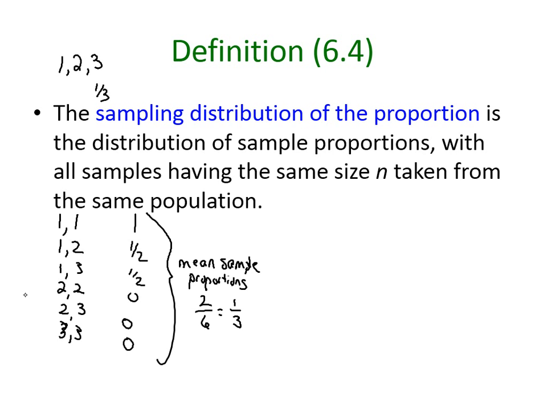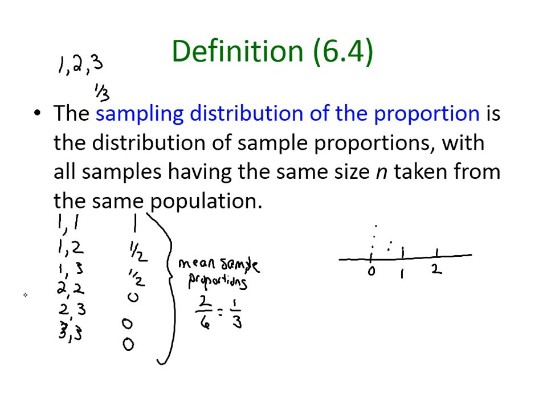And so we're looking at having these. Now if we were to graph this one, we have 3 of them are at 0. We have the 1/2 has 2 of them, and the 1 has 1.